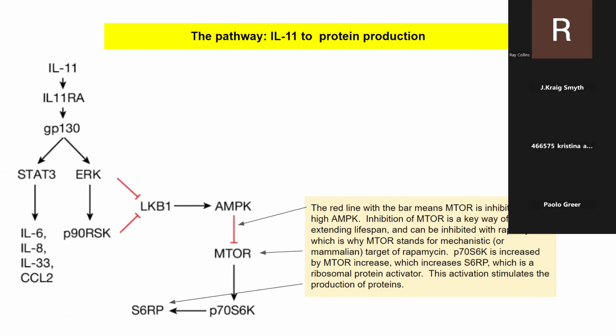And mTOR can also be inhibited with rapamycin, which is why mTOR stands for mechanistic or mammalian, depending on who you talk to, target of rapamycin. P70S6K is increased by mTOR increase, which increases S6RP, which is a ribosomal protein activator. And this activation stimulates the production of proteins.